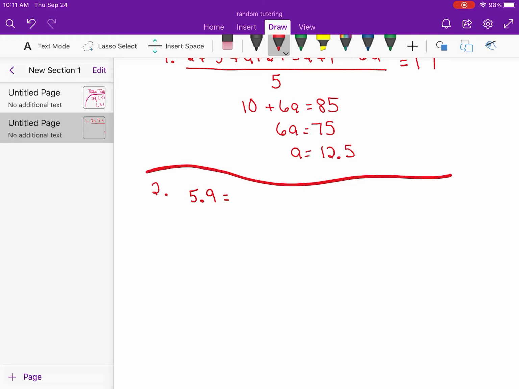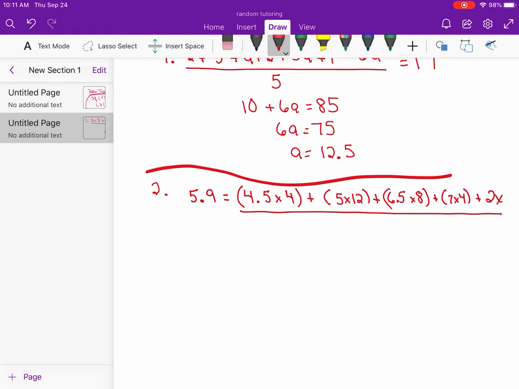So in order to find the value of x, you have to do 4.5 times 4 plus 5 times 12 plus 6.5 times 8 plus 7 times 4 plus 2x, all divided by the total number of shoes: 4 plus 12 plus 8 plus 4 plus 2.